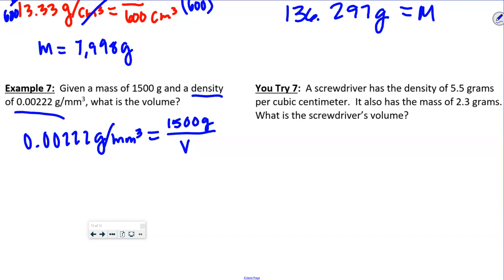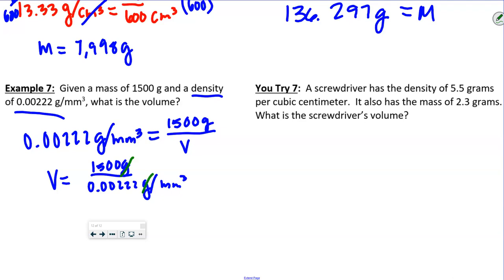So hopefully you remember when you have something on the left and something on the right of the equal sign in the denominator, you can switch them. So it means our volume is equal to 1,500 grams divided by 0.00222 grams per millimeter cubed, okay? So what does that mean? What's going to happen to our grams? They're both going to go away, aren't they?